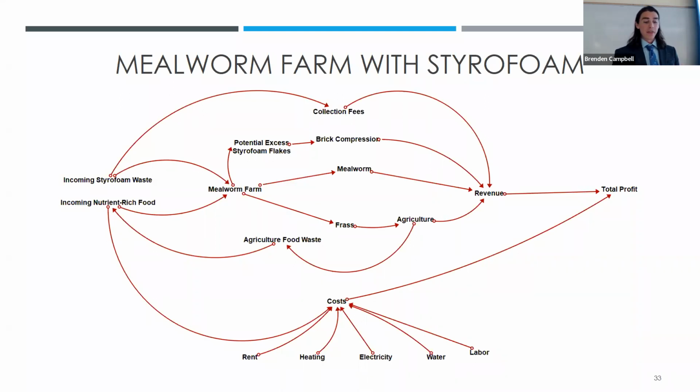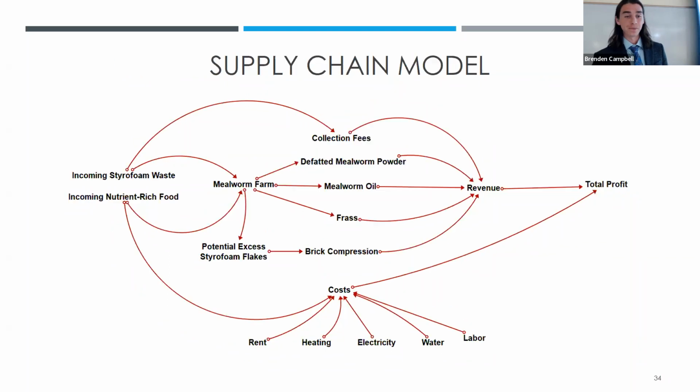So I now want to look at the supply chain model. Again, this is a causal loop diagram of the supply chain model. And again, the incoming styrofoam waste and that collection fee is the money that we are making with this. But this breaks the outputs of the mealworm farm down further into defatted mealworm powder or more concentrated protein, mealworm oil or more concentrated fat, and again, frass, which would be going into agriculture.